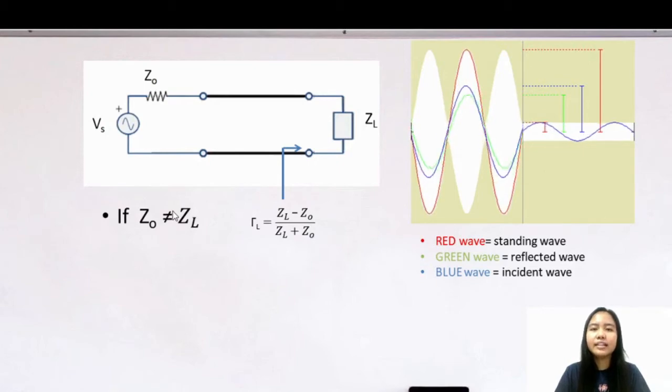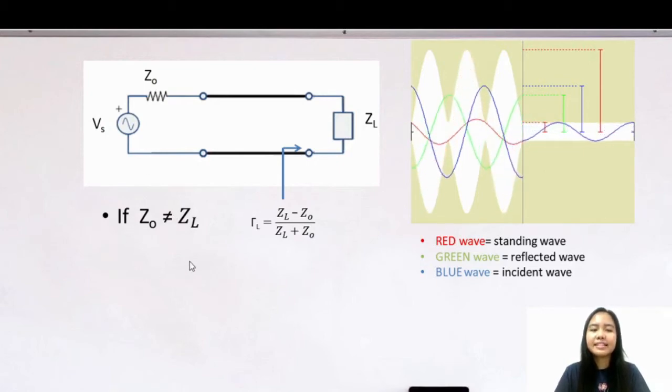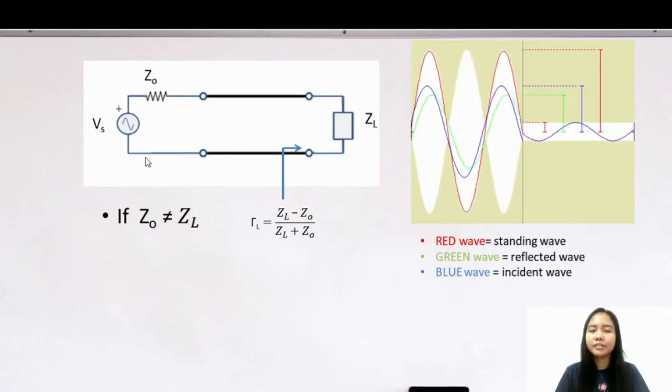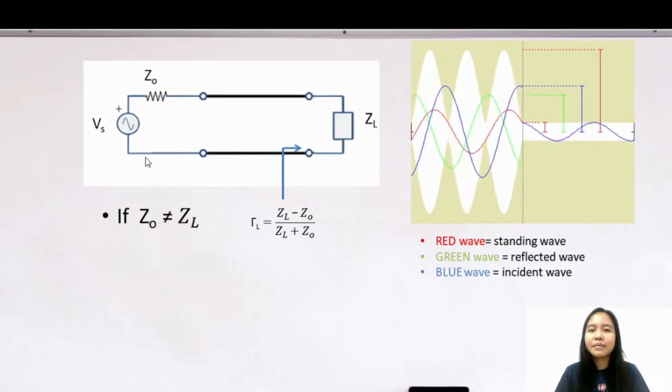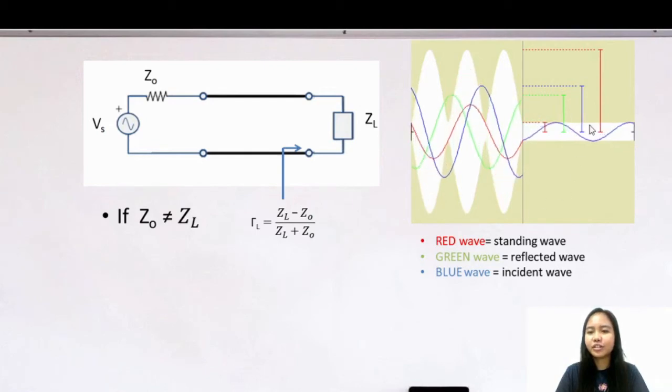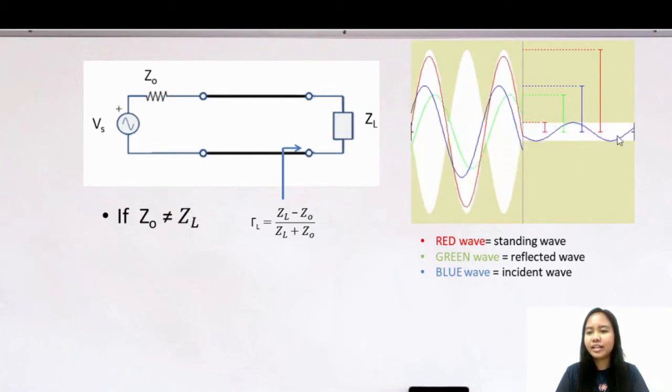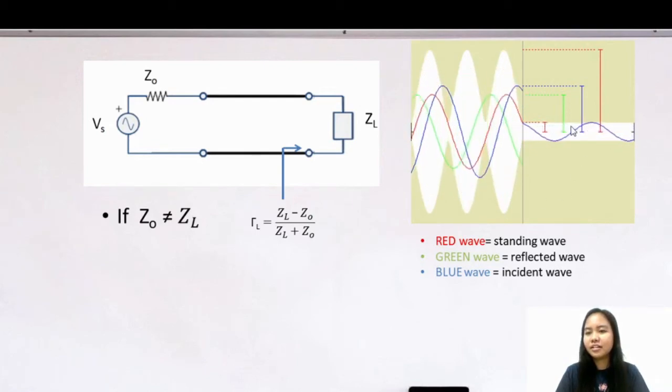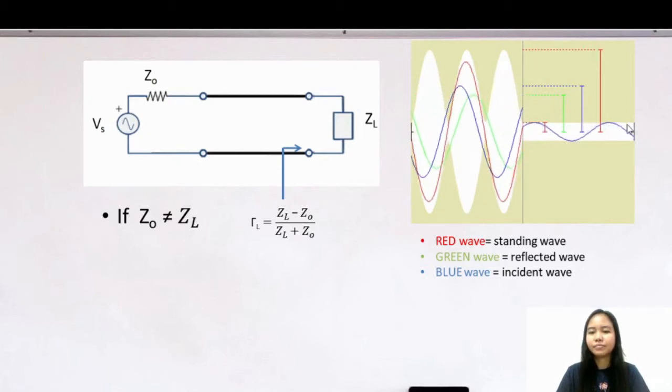And take note that in a mismatched network, it transfers a minimum amount of power to the load, as we can see in this illustration. This is only the distributed voltage.